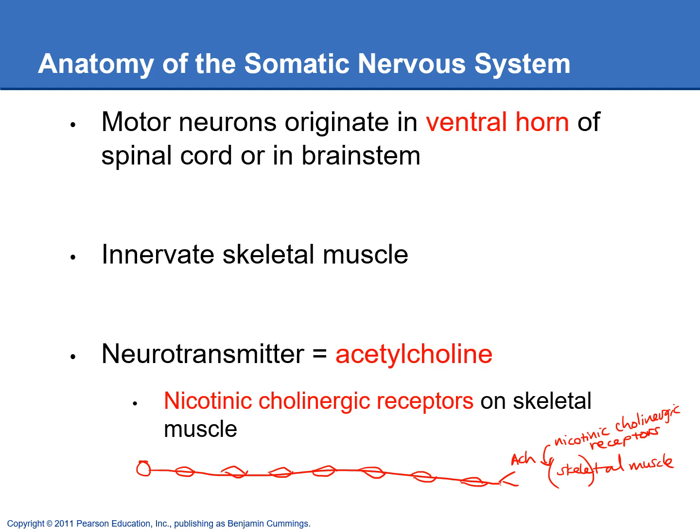And the neurotransmitter that's going to be released by this lower motor neuron to talk to the skeletal muscle will be acetylcholine. And the acetylcholine will bind to nicotinic cholinergic receptors, which will be located on the skeletal muscle cells. So that would be really important to know for the exam because probably will ask you that.